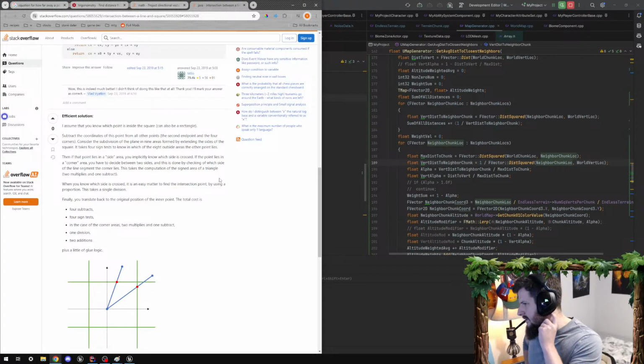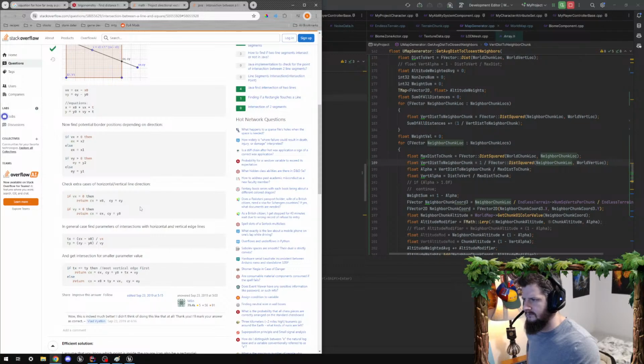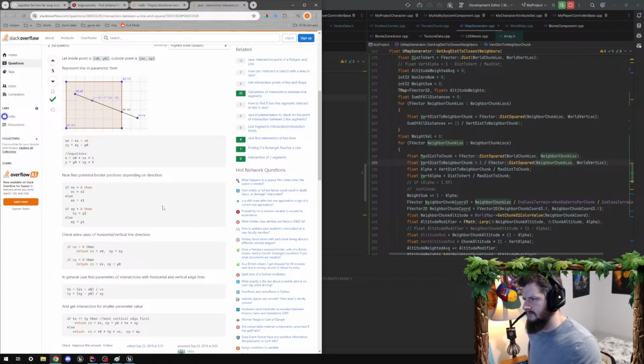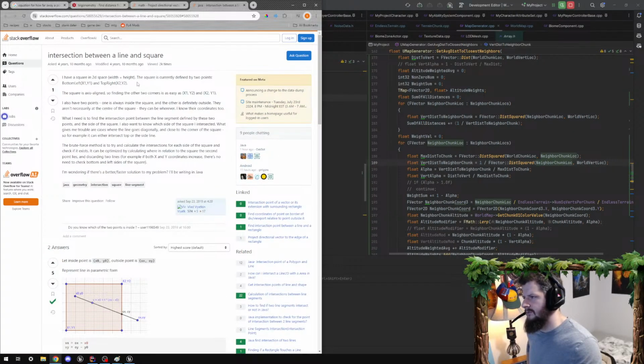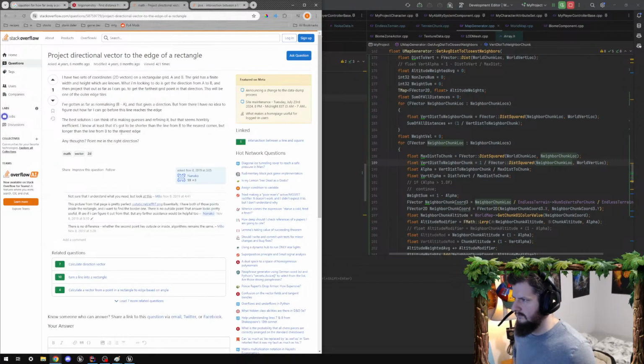What is this person saying? It's using like an outside point, right? Project directional vector.